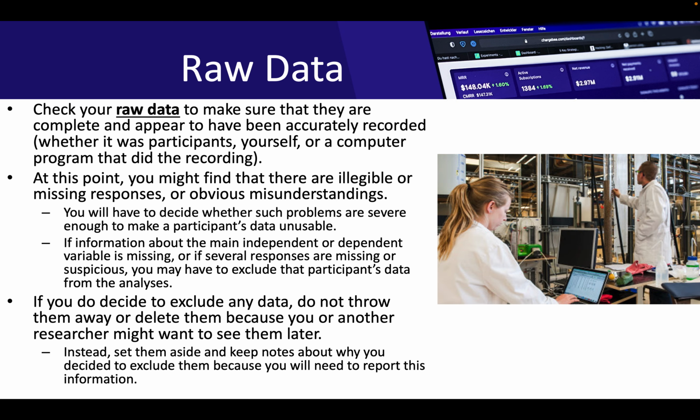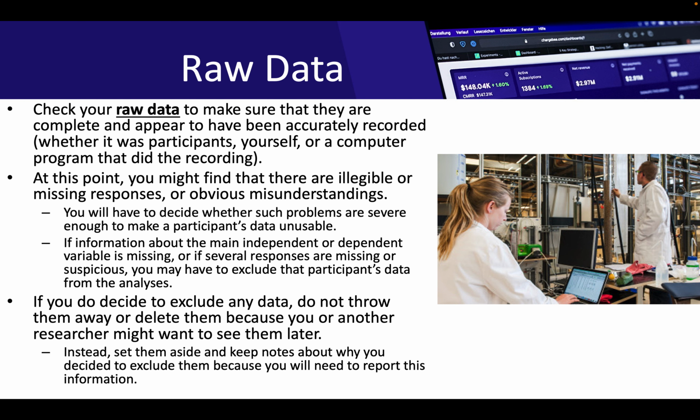Check your raw data to make sure that they're complete and appear to have been accurately recorded, whether it was participants, yourself, or a computer program that did the recording. At this point, you might find that there are illegible or missing responses or obvious misunderstandings. You will have to decide whether such problems are severe enough to make a participant's data unusable.